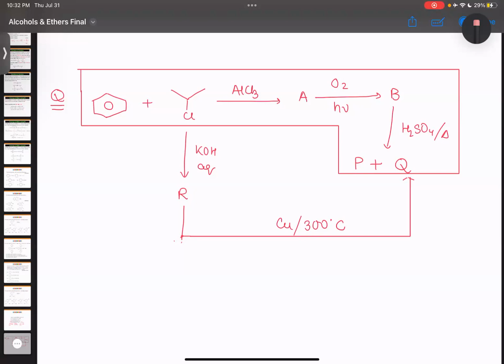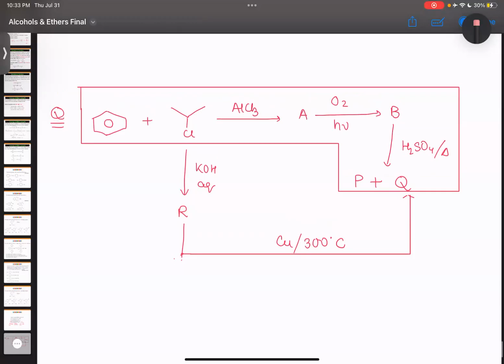Oxygen is being used, and P and Q, H2SO4, and this is isopropyl chloride. I hope you can see this first part. What happens with AlCl3? The AlCl3 will remove the chlorine, and the group will get attached to the benzene.